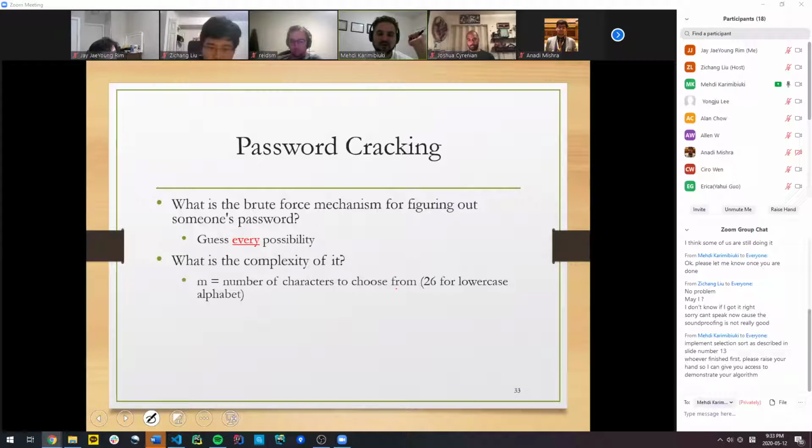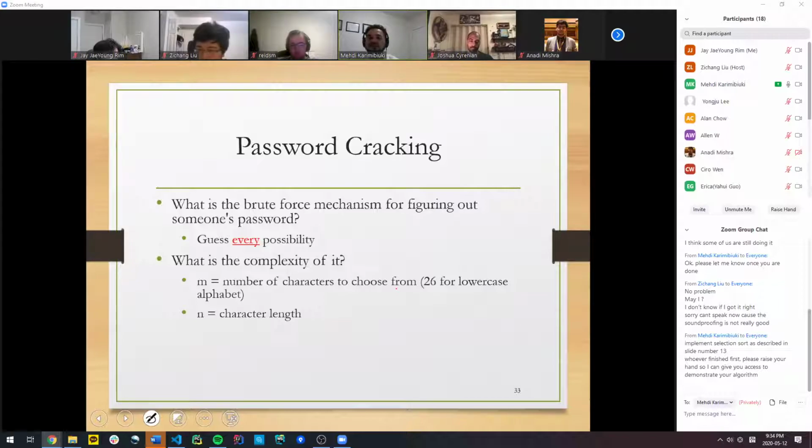So we want to see what's the complexity of it, right? So M here is the number of characters to choose, and we assume that we only have 26 lowercase alphabets. So in this case, we assume that our password can only be chosen from 26 lowercase English letters. N is the character length, right?